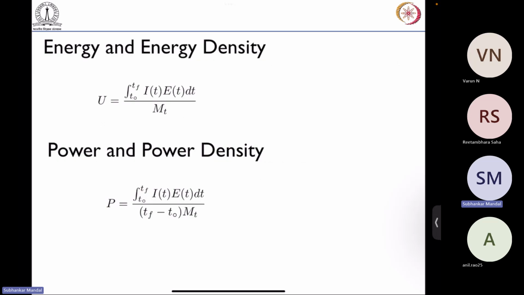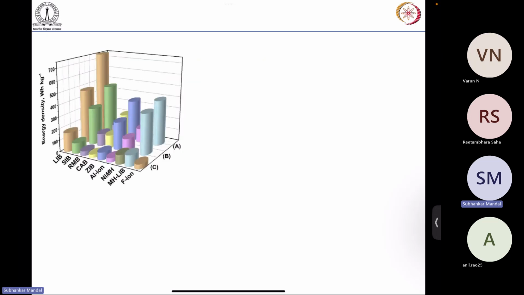Now we have shown these two equations, how to calculate the power density as well as the energy density. That is basically the multiplication of the potential and the current value with time, divided by the mass of the battery. The power basically gives the information on how the energy is changing with time. And from here we have discussed different types of battery.